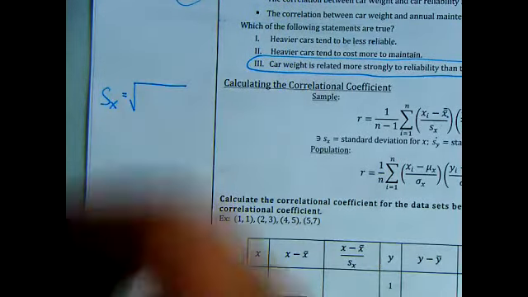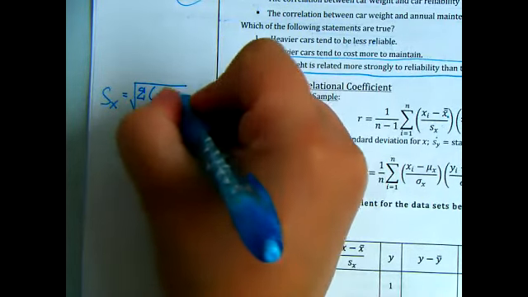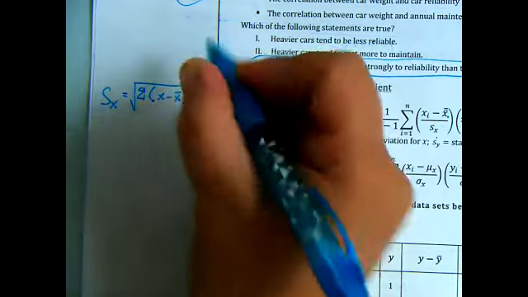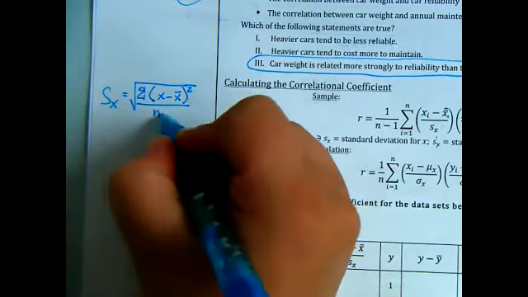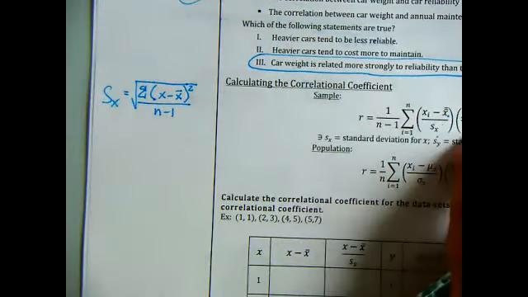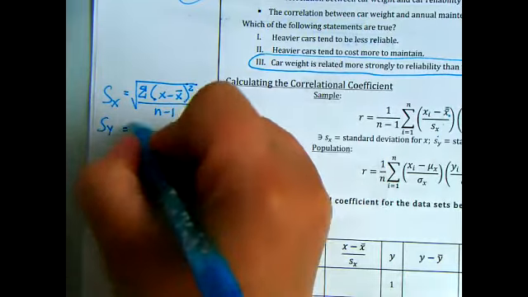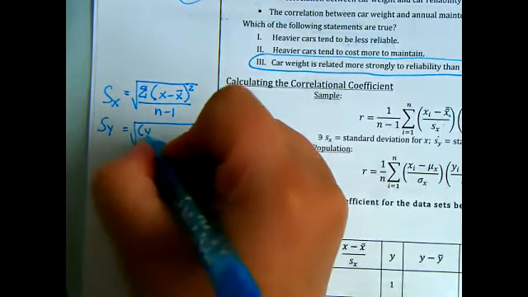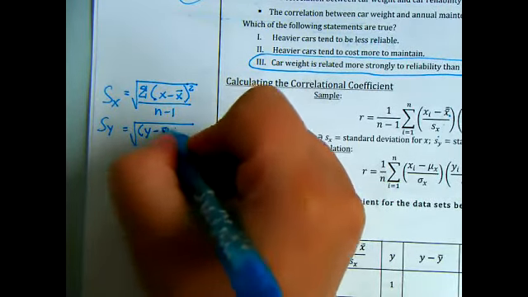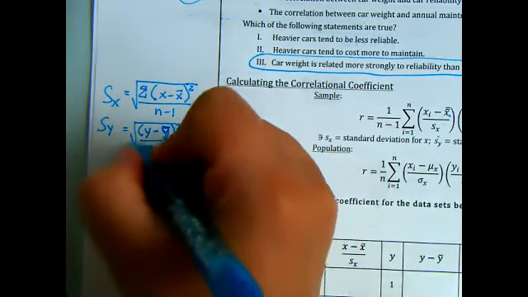So that's going to be the square root of the summation of x minus x bar squared divided by n-1, which means that our standard deviation for y will equal the square root of y minus y bar squared divided by n-1.